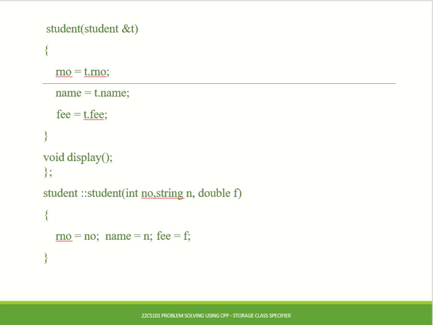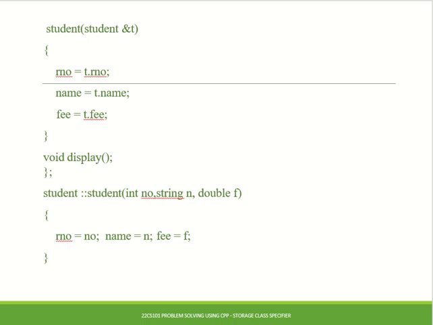Then void display(), and outside the class we are having this constructor. So Student::Student. If you want to define it outside the class, then you have to use the scope resolution operator. So you are having three fields, that is number, name, and fee.